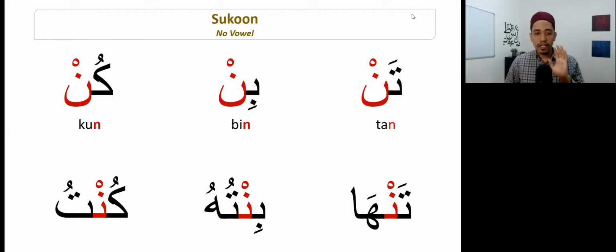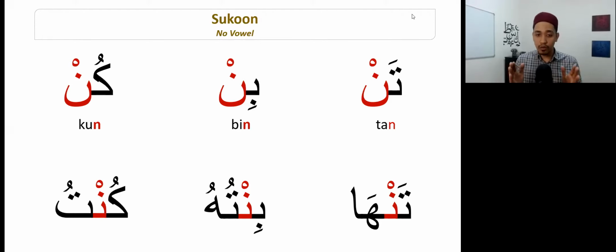So the nasal sound is an essential part of this letter, and that makes this letter unique. That will have implications in tajweed later.